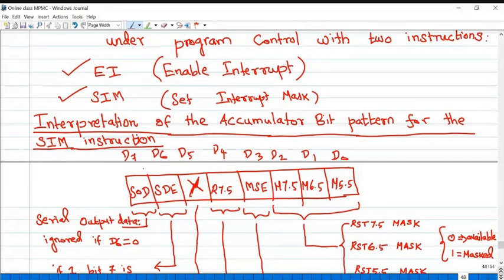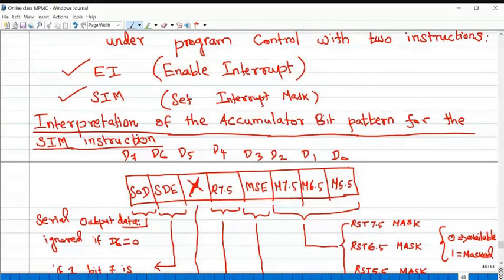Based on the accumulator content only, the microprocessor interprets which interrupts are masked and which are not. So before executing the SIM instruction, we have to load some 8-bit information into the accumulator first.